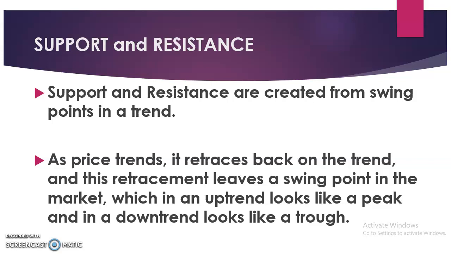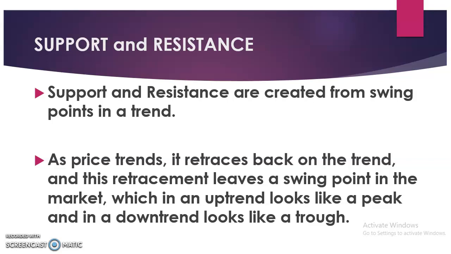Now, basically, price doesn't just move in one direction. The market will always give fair opportunities to buyers and sellers. It's going to give opportunities to buyers, and it's going to give opportunities to sellers.